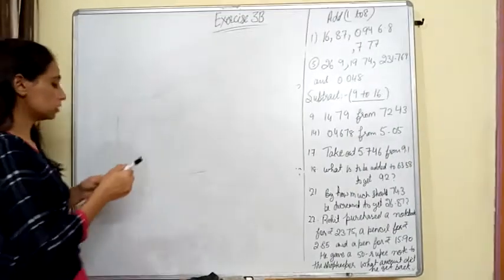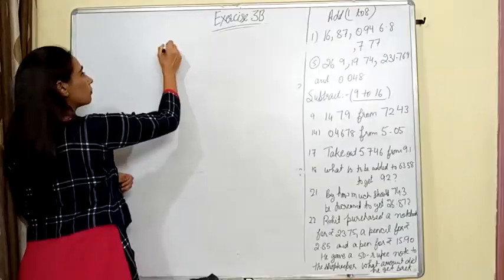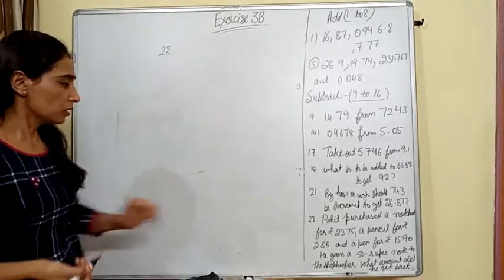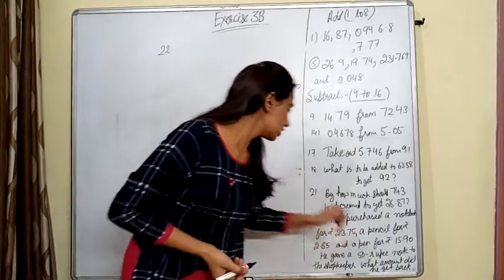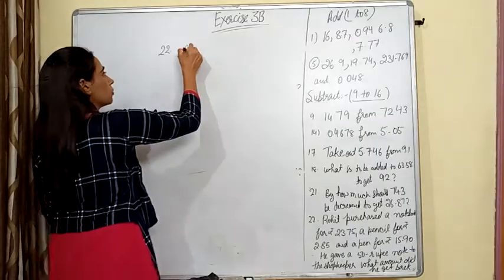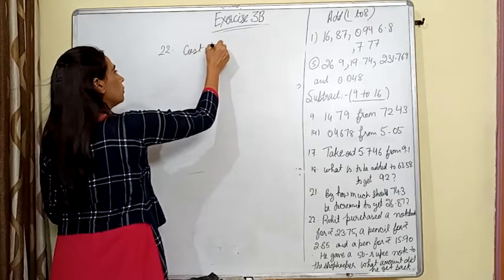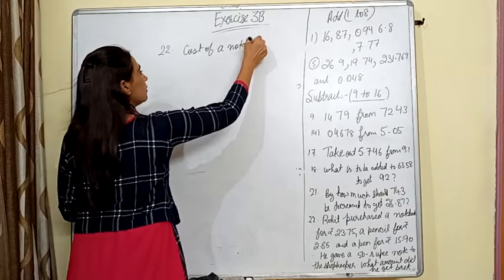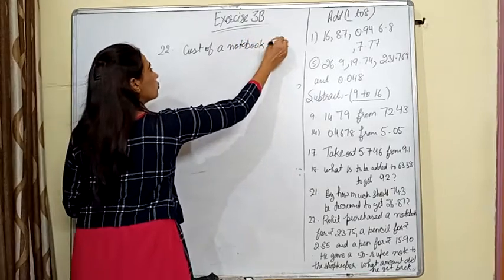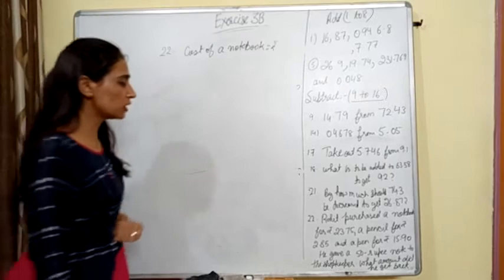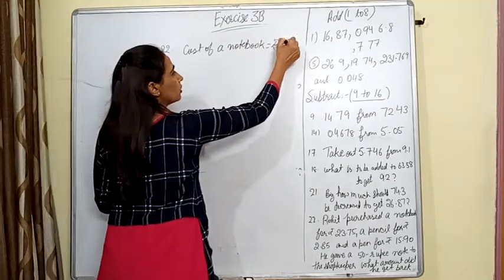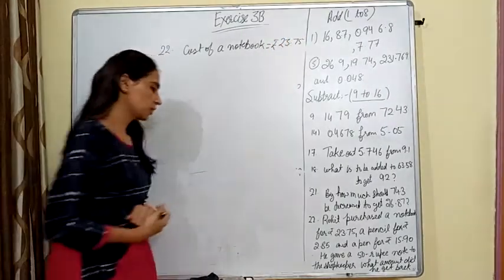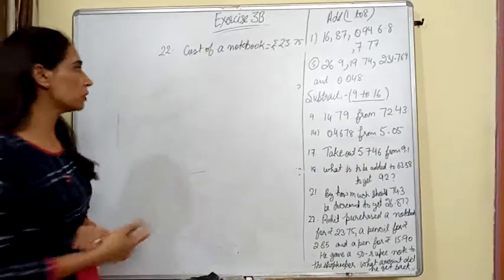In question number 22, you will write: Rohit purchased a notebook. Cost of a notebook is equal to rupees 23.75, and a pencil for rupees.